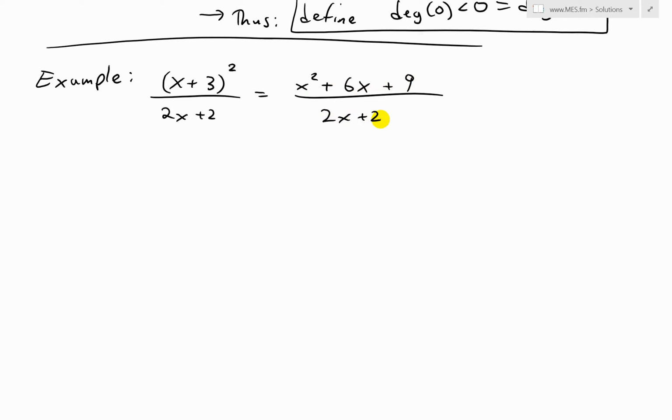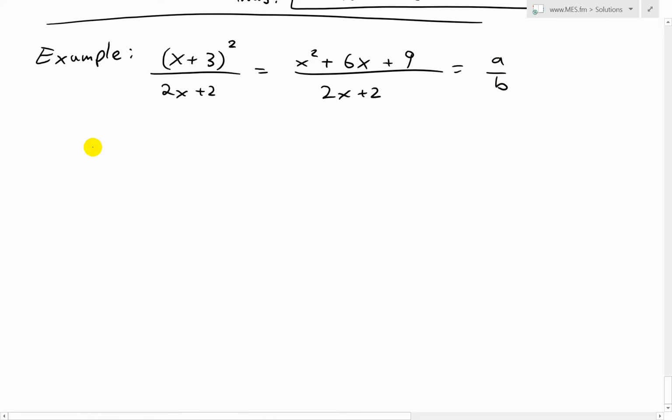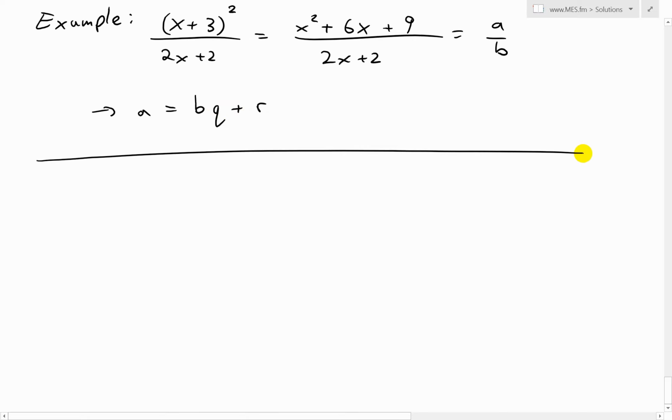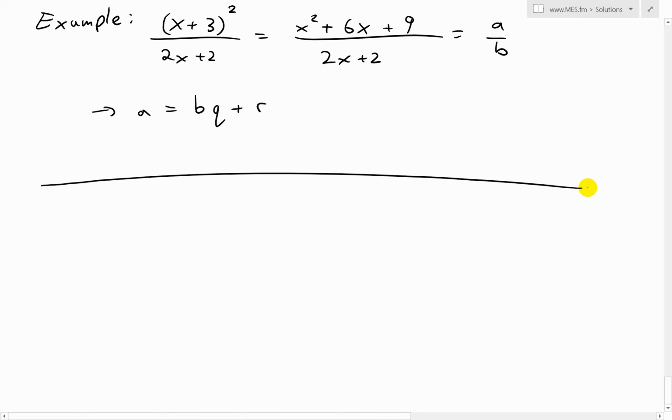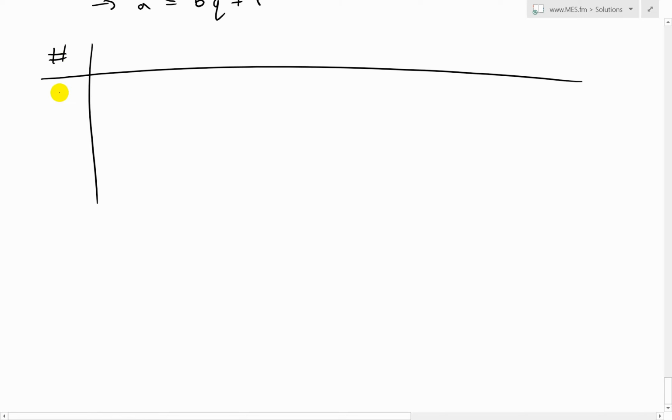And again this equals our A over B. And we always need to have A equals to BQ plus R. So that's the Euclidean division. Now what we'll do is make the giant table like this. Put row number here, and I'll write row number 1.